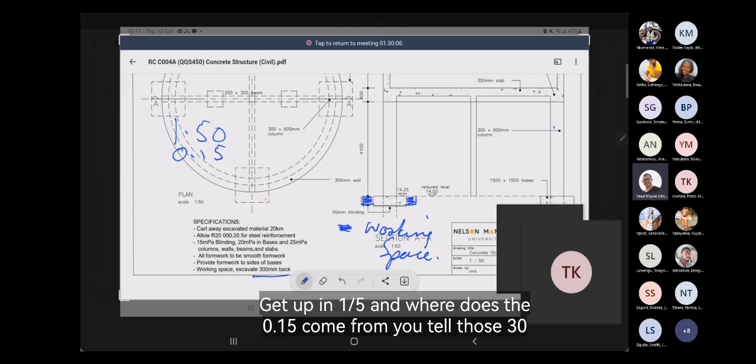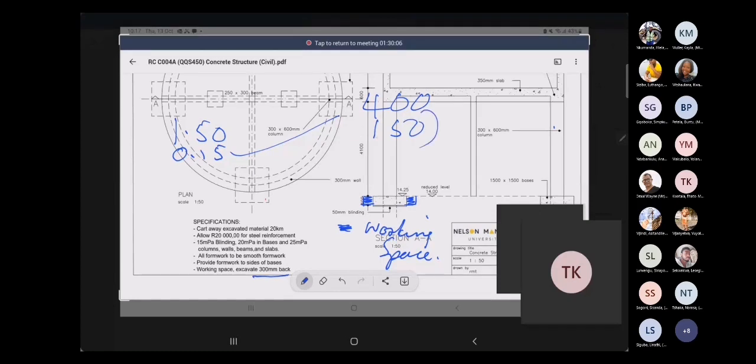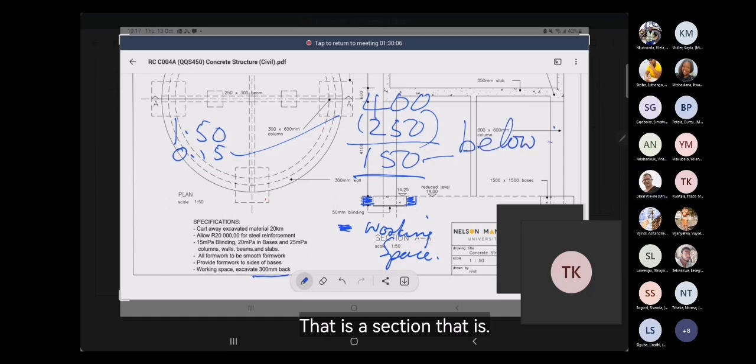It is from that section that is below the ground.